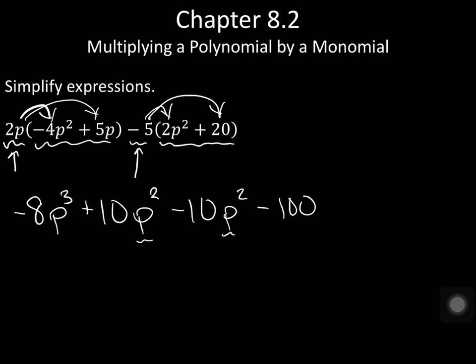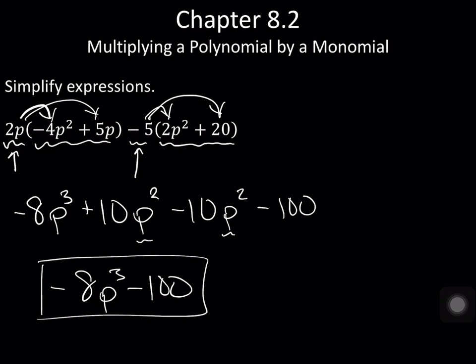And it won't work out this way every time, but in this case, the plus 10 and the minus 10 would cancel, and so those p squared terms would go away. They would cancel each other out. And so negative 8p cubed minus 100 should be your final answer for this one. Okay.